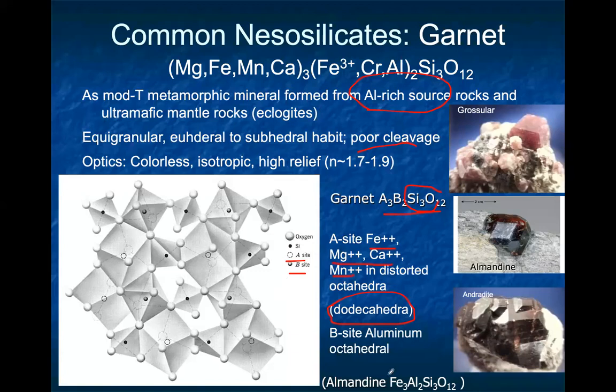And on the other side, aluminium is connected. So these two sites can hold different cations, so that variable compositions of garnet can be observed in the field.